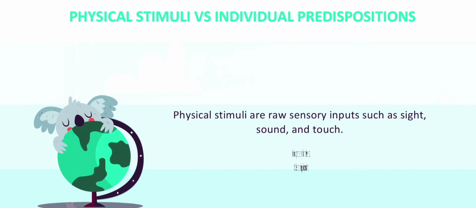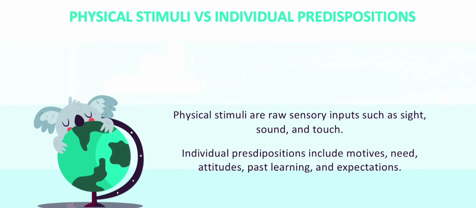And individual predispositions include motives, needs, attitudes, past learning, and expectation. Perception differs among people because individual sensory receptors might function differently, but primarily because predispositions differ. Thus, the same company policy will be perceived differently by production workers, middle managers, and top management.